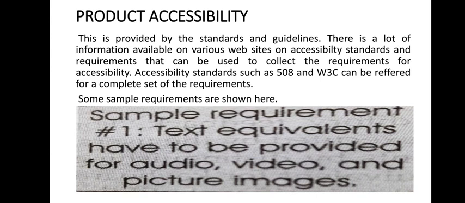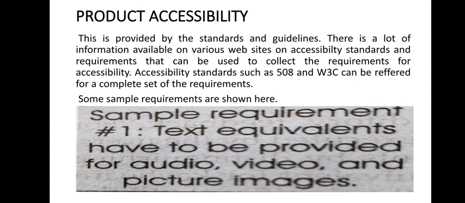You know that accessibility standards such as Section 508 and the World Wide Web Consortium standard are all available on the internet. Okay, so what do these standards say? Basically, there is a lot of information available on various websites on accessibility standards and requirements that can be used to collect the requirements for accessibility.